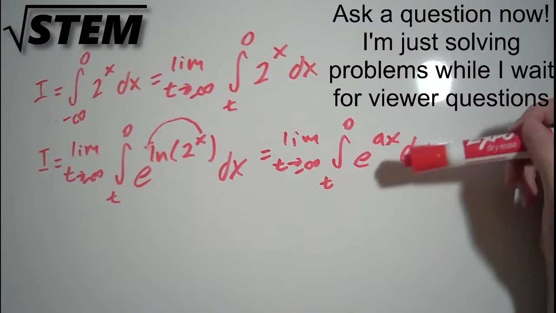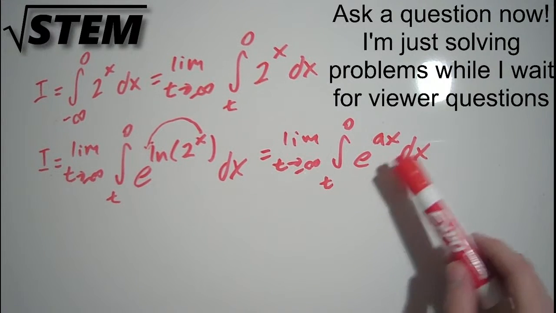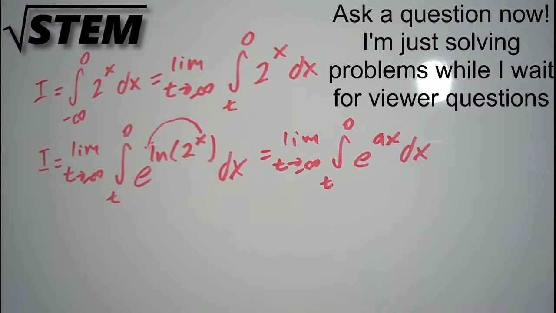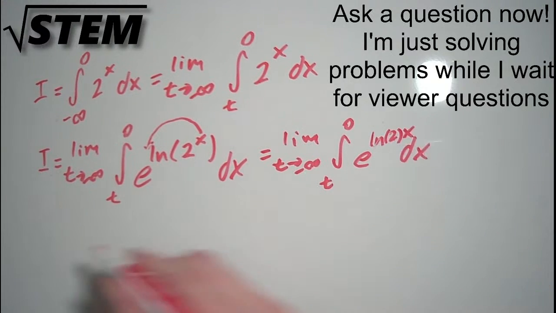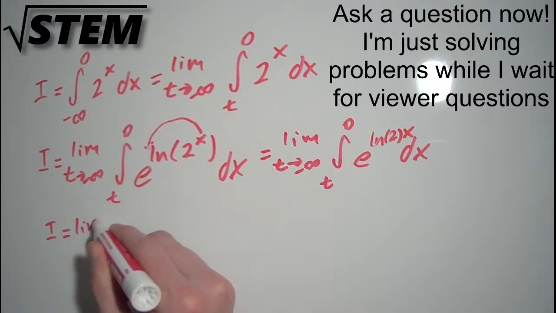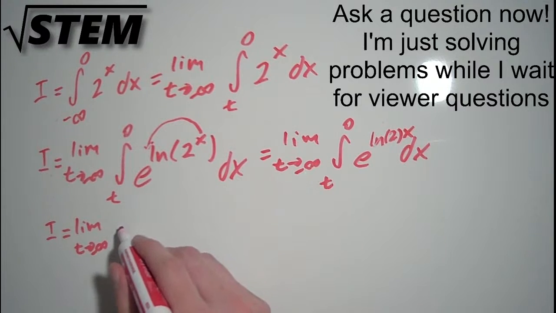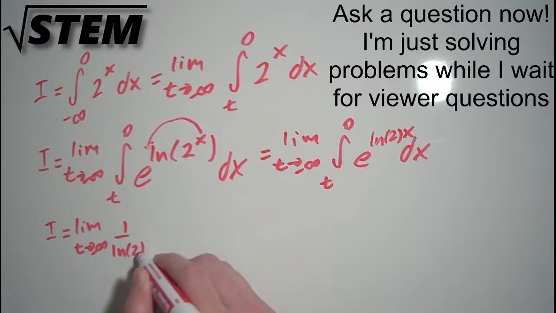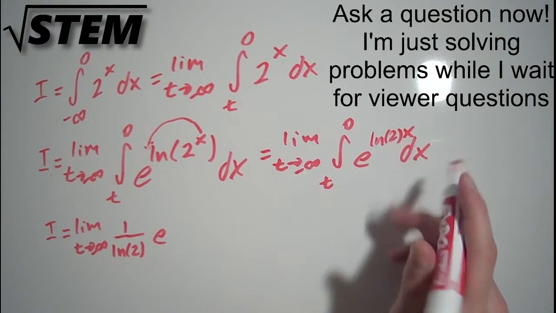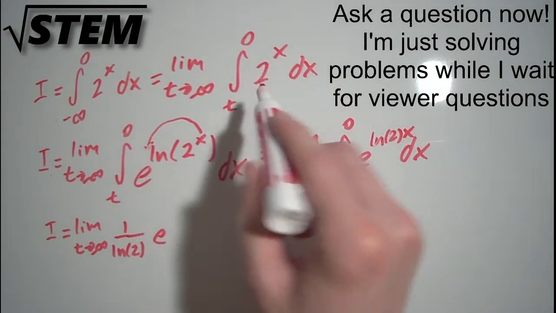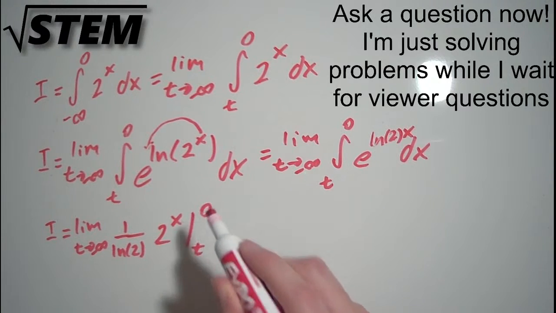So that means we're going to get 1 over the natural log of 2 times e to the natural log of 2 times x, but we know that's just this, which is really just this, 2 to the x evaluated from t to 0.